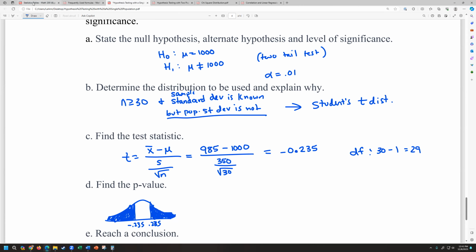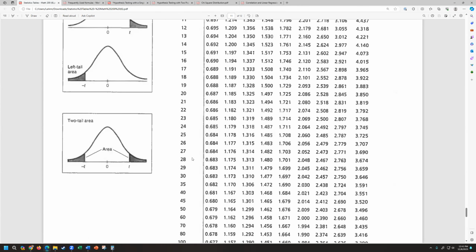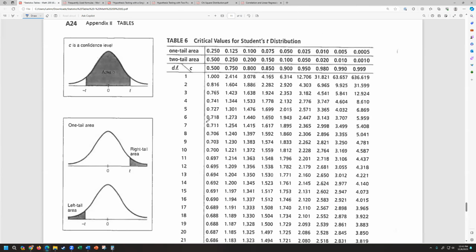So we need to go to that row in our table, which I'm going to just highlight here. That's this whole row. 29 is right here. And we have, remember, to figure out that we're doing a two-tailed test. So this is going to be the column up here that we'll look at in just a second. Okay, two-tailed area.